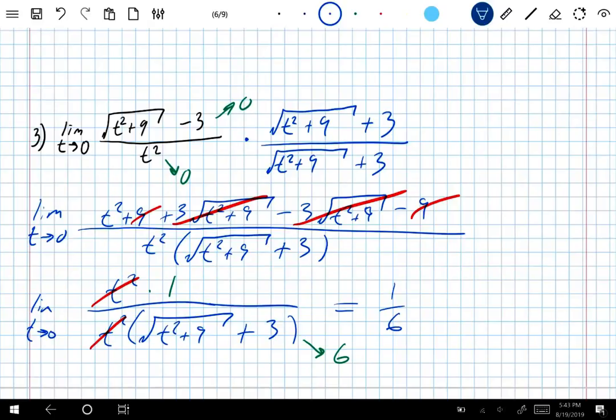I'll try to even throw in some really bizarre ones because I think they're fun. And just a reminder that limits are challenging at first, not just because of the algebra, but because of the language. Practice talking about them, saying them out loud. Make sure that you understand some of those definitions and the different ways of looking at them using algebra or graphs.